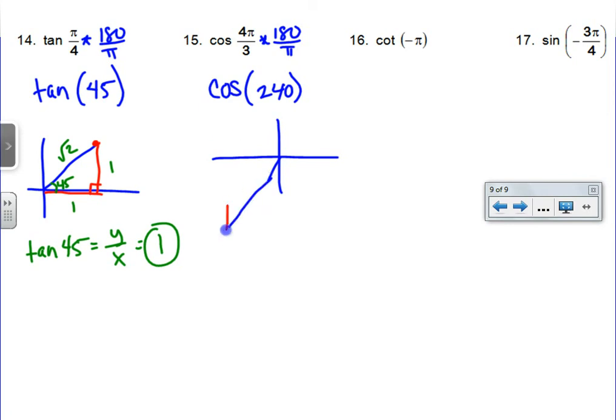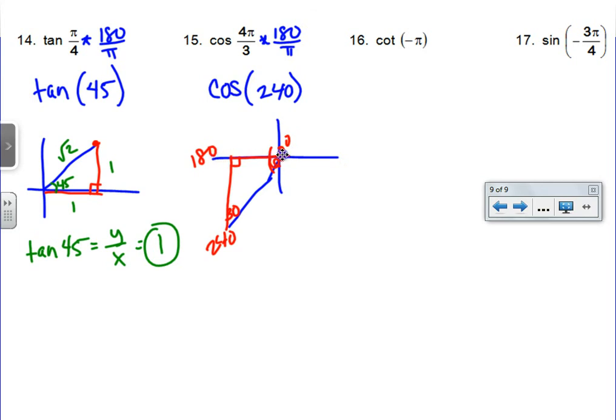Create a triangle. The good news is it doesn't matter what your picture looks like because this is going to be okay. If this is 180 degrees and this is 240 degrees, the reference angle is what I'm looking for. Can someone tell me what angle that is? I heard 60. What kind of a special right triangle do you have now? A 30, 60, 90. The little leg is how we start the pattern.